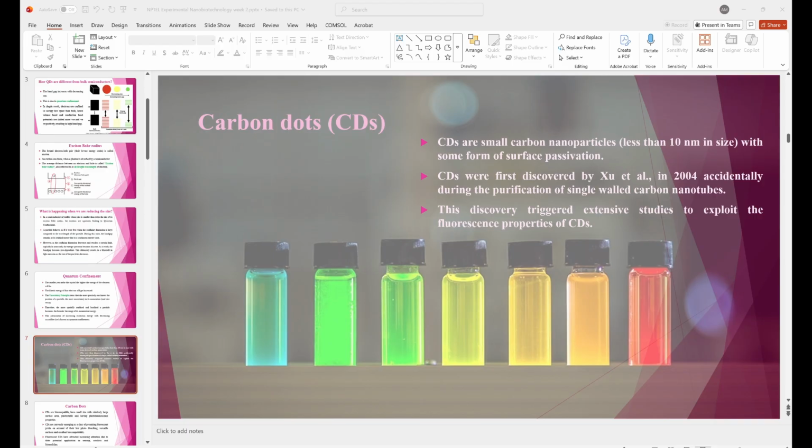Carbon dots are currently emerging as a class of promising fluorescent probes on account of low photobleaching, versatile surfaces, and excellent biocompatibility, because they're basically made of carbon. Your body can break it down, and they're small in size, so there is no problem in renal clearance as well. You will see a lot of papers in which they have used carbon dots.